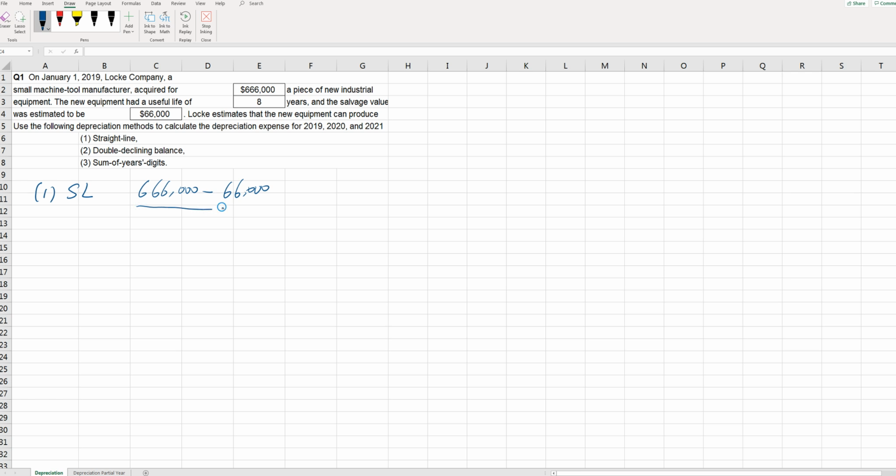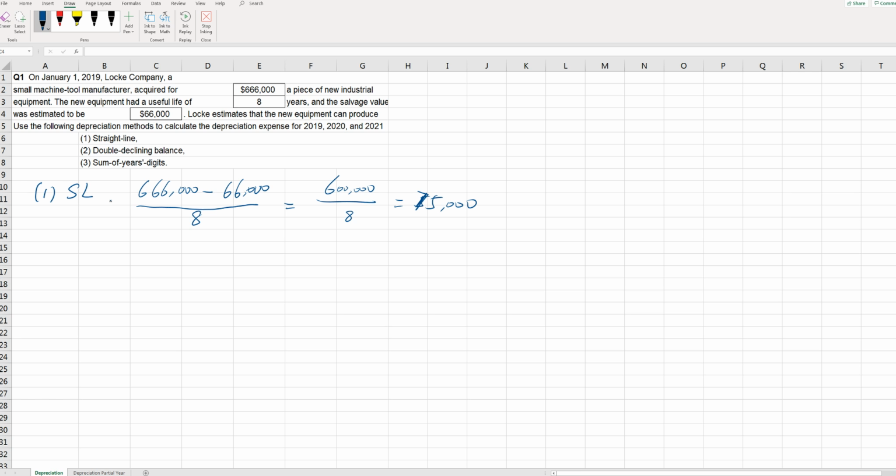If we divide this base by the useful years, it's going to give us the annual depreciation, $75,000.